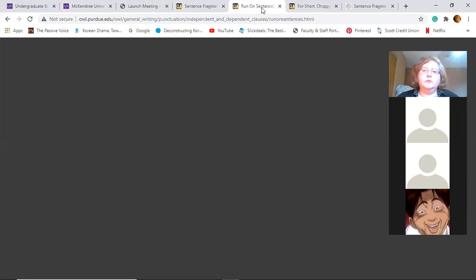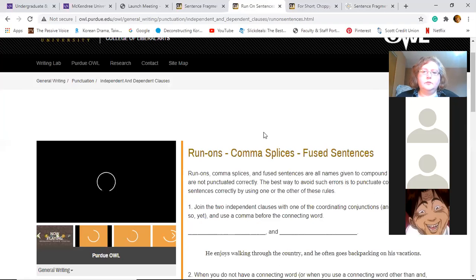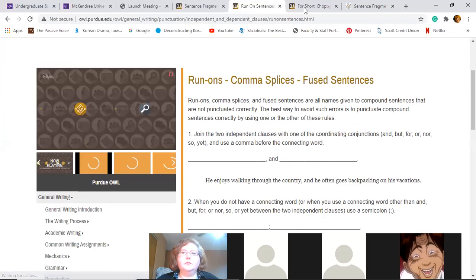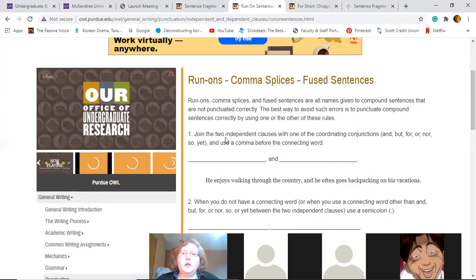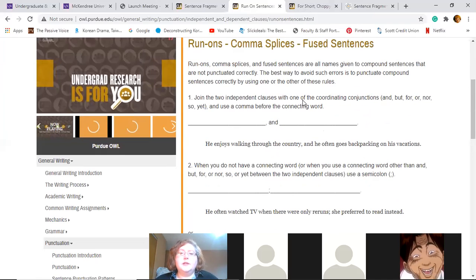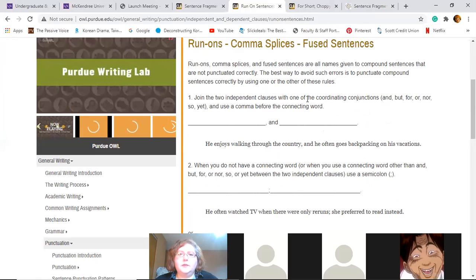Okay, so let's look at some examples. So you can fix run-on sentences many ways.